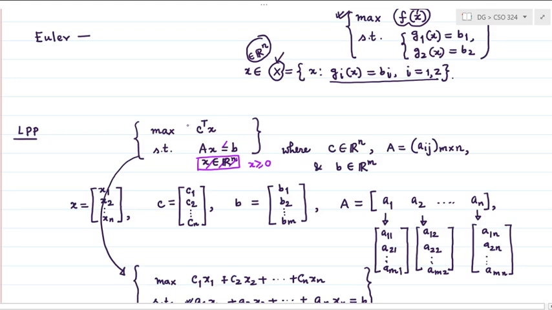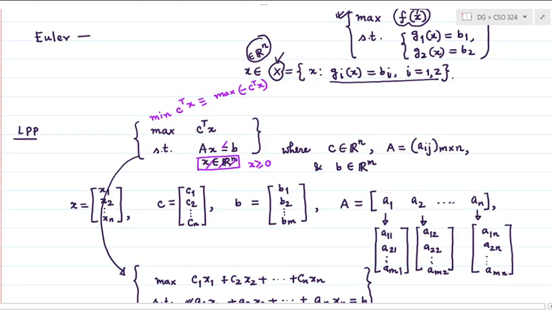Because if it is a minimization problem, then you note that minimization of C transpose X is nothing but maximization of minus C transpose X, right?